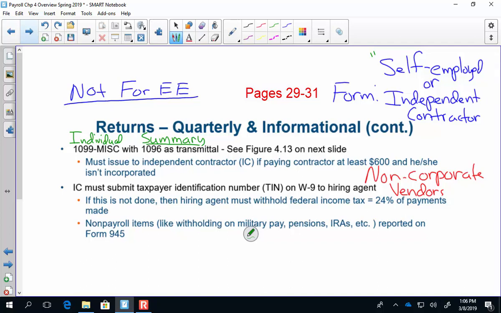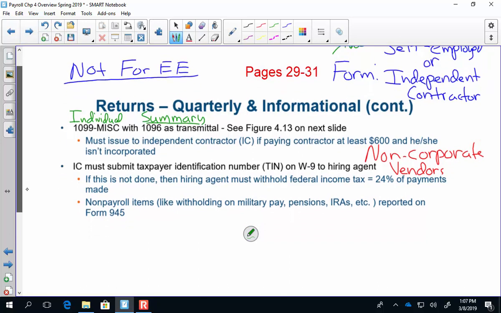Who gets these type of informational returns? It would be a self-employed. So if you have a vendor that plows out your parking lot for snow and they're self-employed, and you give them greater than $600, right, of cash payments in the year, they are supposed to get a 1099 miscellaneous form.